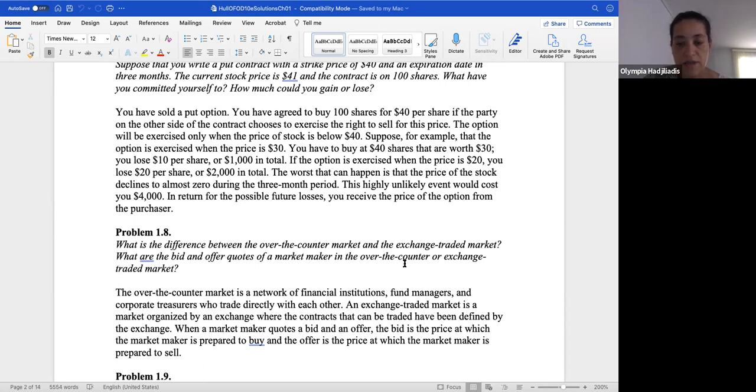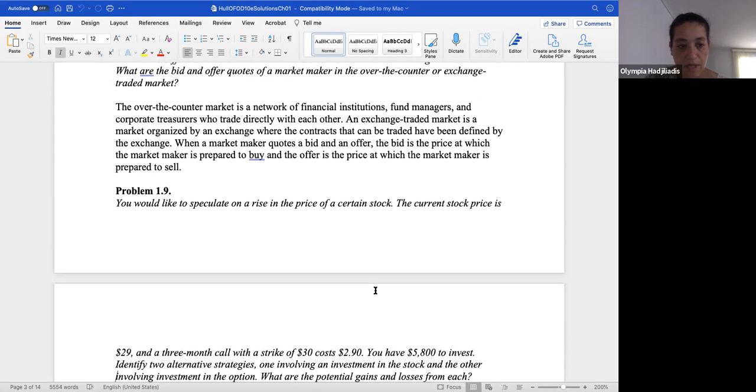An exchange-traded market is a market organized by an exchange where the contracts that can be traded have been defined by the exchange. When a market maker quotes a bid and an offer, the bid is the price at which the market maker is prepared to buy, and the offer is the price at which the market maker is prepared to sell.